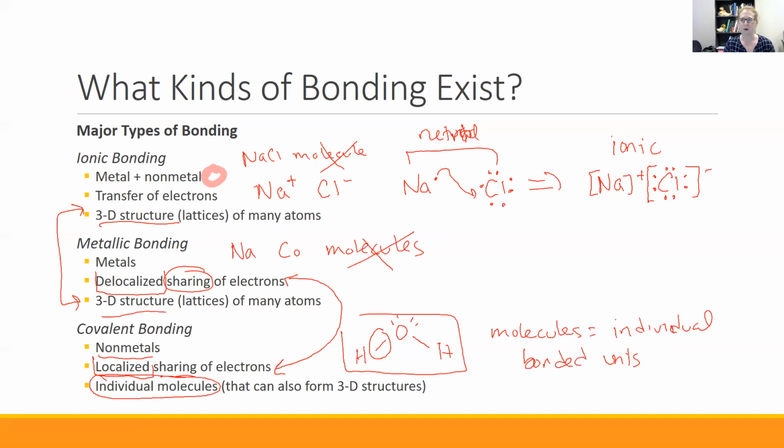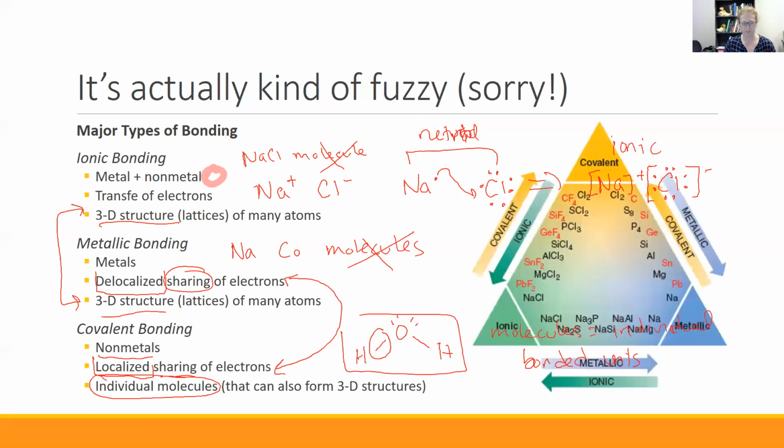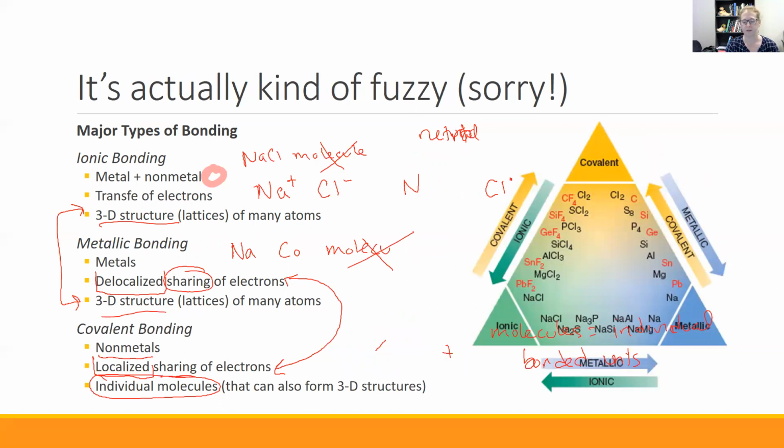Now, here's the part where it gets fun. The thing about bonding is that it's not as cut and dried as absolutely metallic or absolutely ionic or absolutely covalent. There's a continuum.